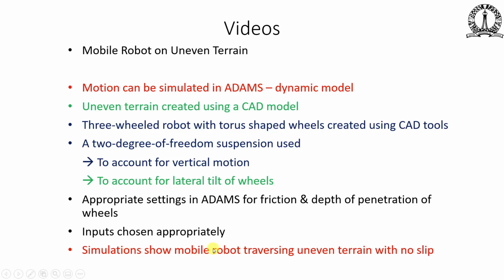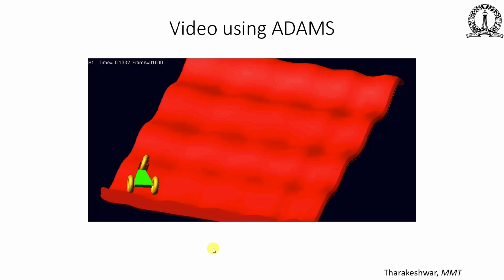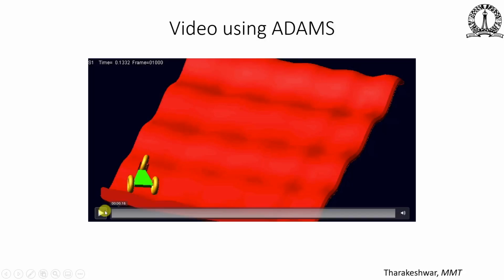We also need to choose the inputs appropriately in Adams. We need to play around with it. So what you will see now is the motion of a three-wheeled mobile robot going on an uneven terrain. Both the uneven terrain and the robot were created in CAD models, and then appropriate parameters were set, and then you can see it is moving.